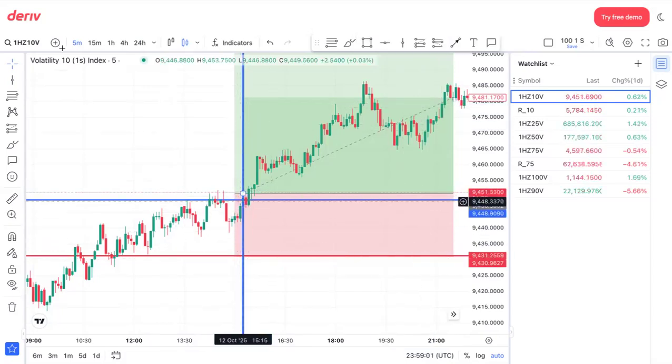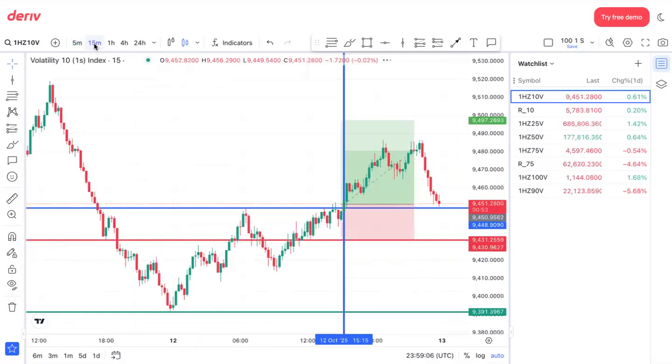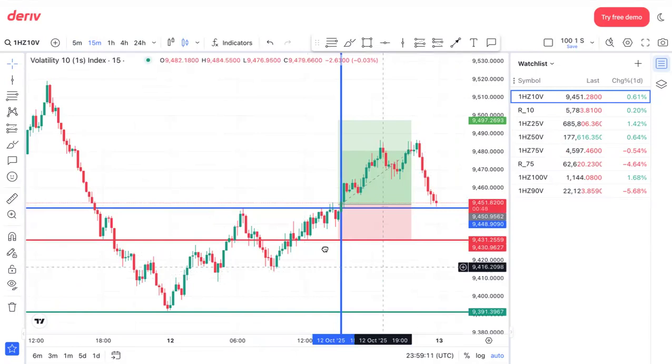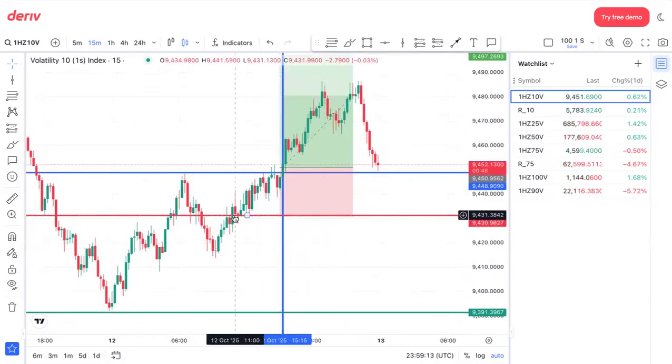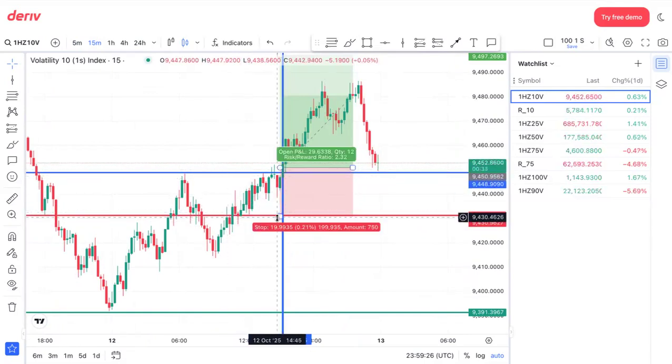Then what I did from there was go to my 15 minutes time frame and then I put my stop loss underneath the previous support, where the market came, rejected off, bounced off. So my stop loss is at my previous support, which is a previous consolidation area, right?